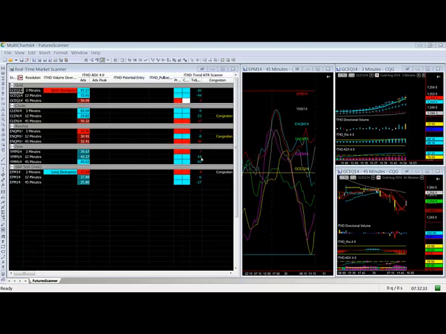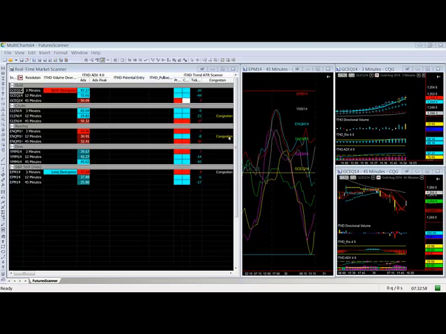The next column in the ATR scanner is ticks to the ATR. So in this case, on the 45-minute, I'm 3 ticks away from the ATR. We also have a congestion column here, and this tells me anytime we are in congestion. So you can see on crude, the 12-minute chart is in congestion.